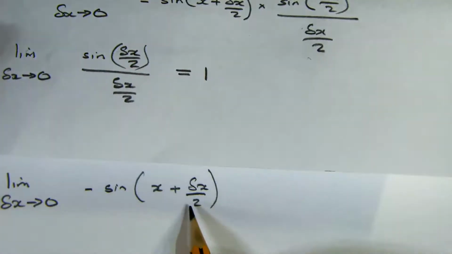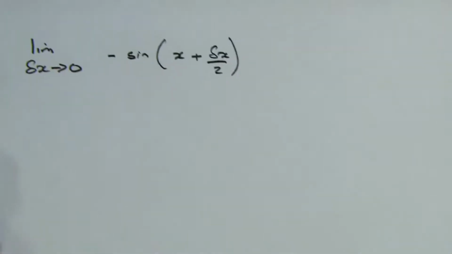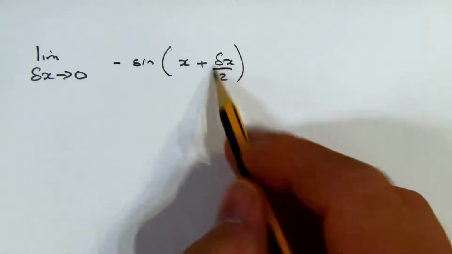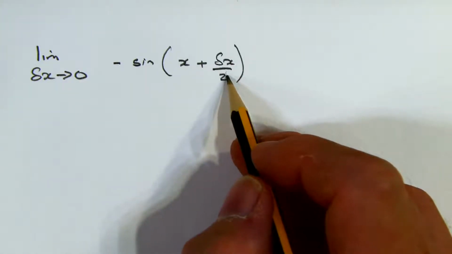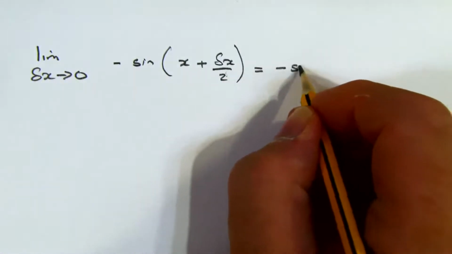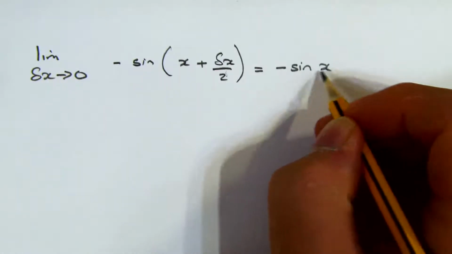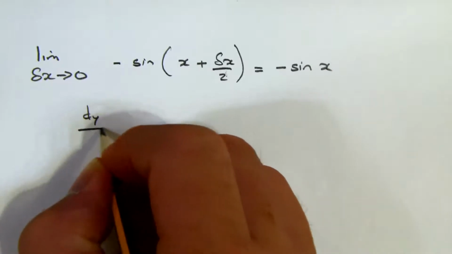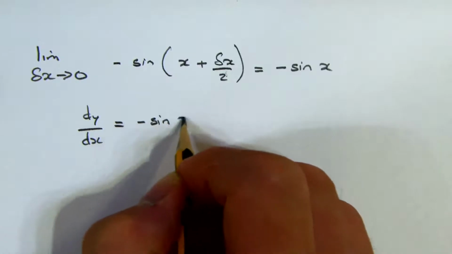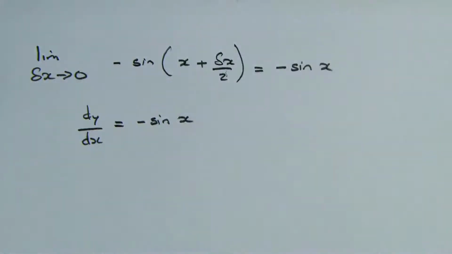And as delta x is going to approach 0, that becomes insignificant. So it's going to be minus sine of x. Therefore, dy by dx here is going to equal minus sine x. So we've used differentiation from first principles to find the derivatives of the functions sine x and cos x.